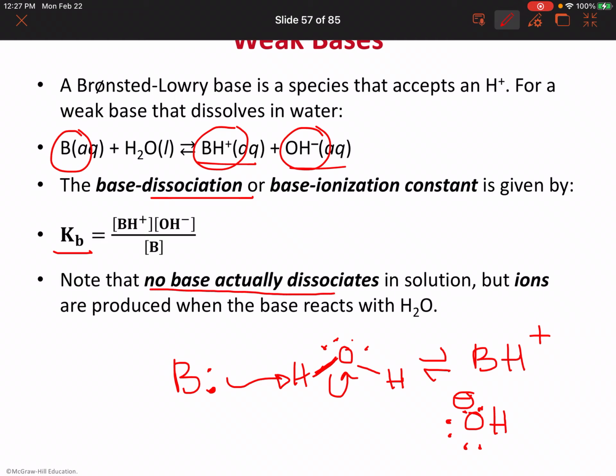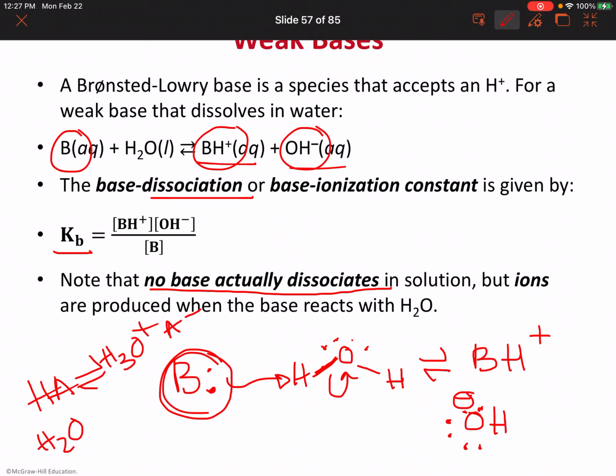Remember, the base doesn't dissociate because the base is taking a proton, whereas an acid, HA, dissociates into hydronium ions and A minus in the presence of water. But with the base, ions are produced when the base reacts with water, and the 2 ions are BH plus and hydroxide ions.